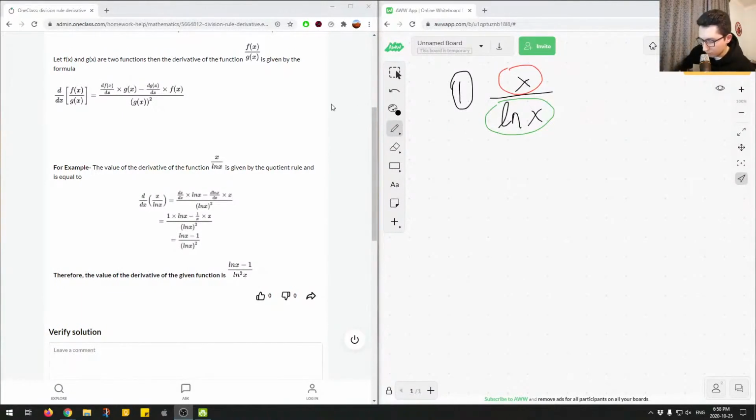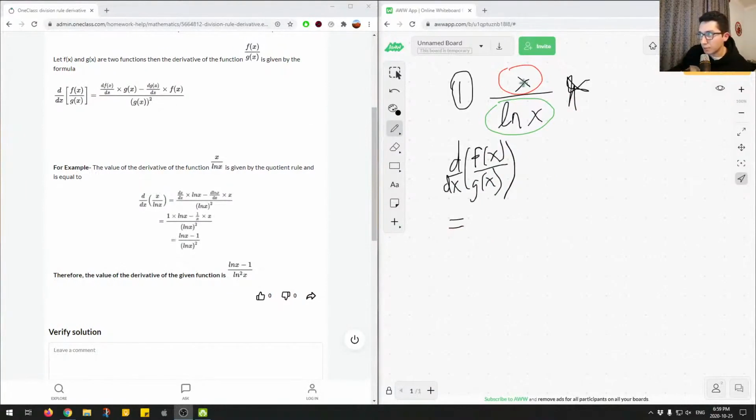So we'll take the derivative of that. The derivative d dx of f at x over g of x, which is just this up above, would give us the derivative of f at x.